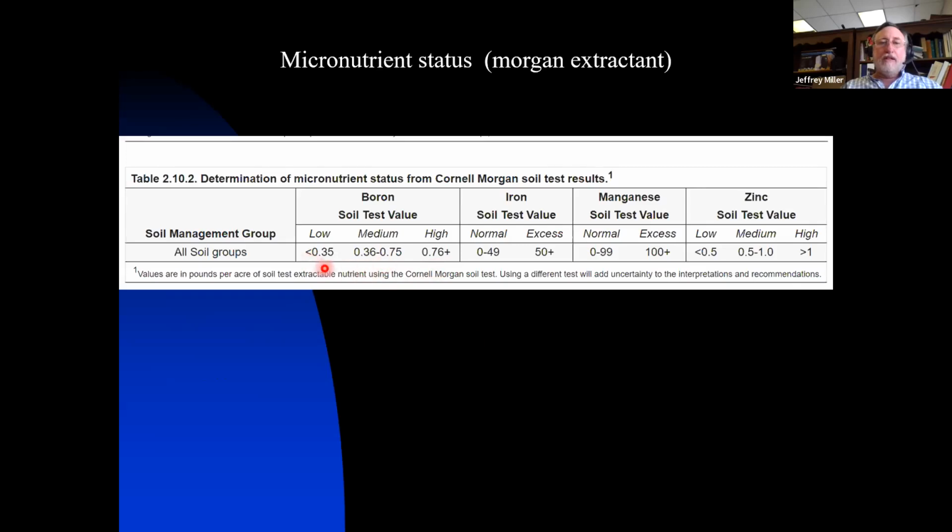And you can see that if you're at 1/3 of that, then you want to start applying a micronutrient as part of your program. Zinc, kind of the same thing, a little bit less than 1. You're definitely in a good place. If you have a numeric value of 1/2, then you have to start addressing that.